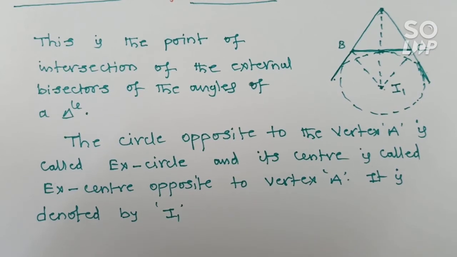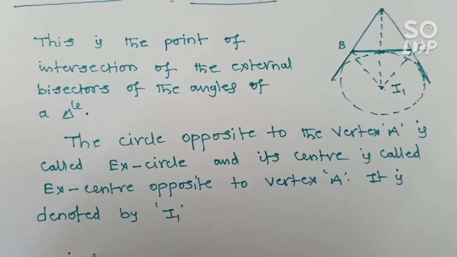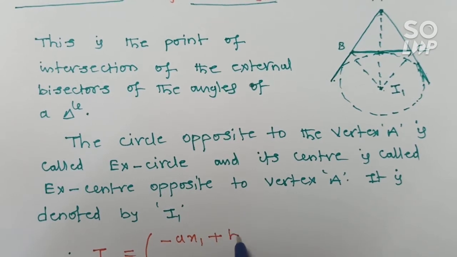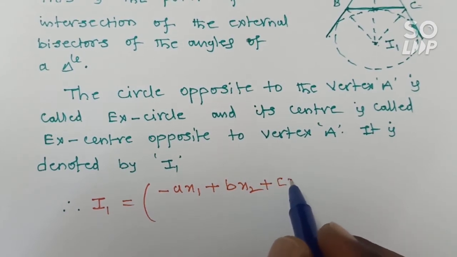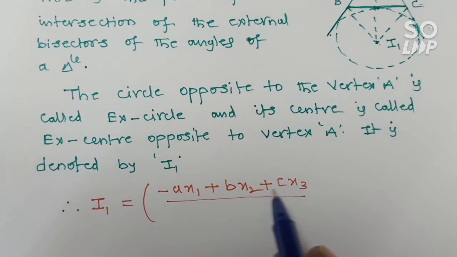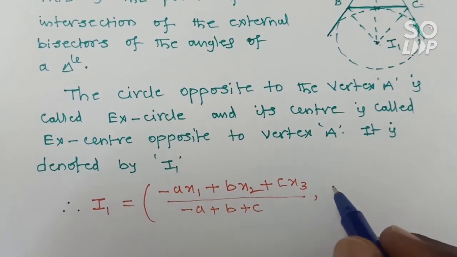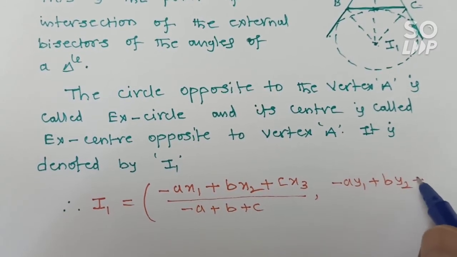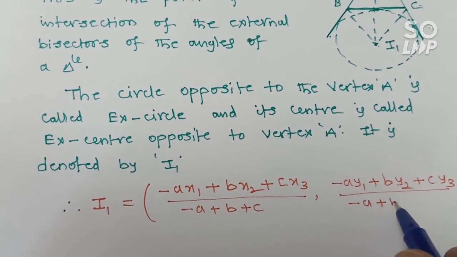So what is the I1 formula? Therefore I1 is equal to (minus a x1 plus b x2 plus c x3) divided by (minus a plus b plus c), comma, (minus a y1 plus b y2 plus c y3) divided by (minus a plus b plus c).